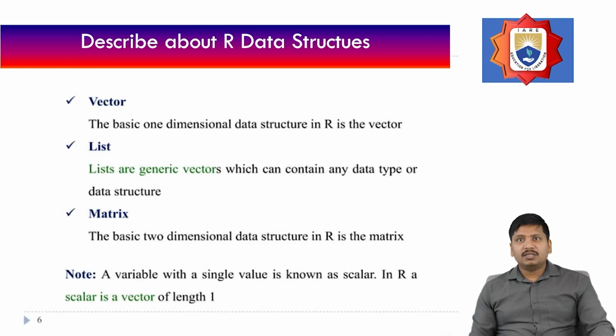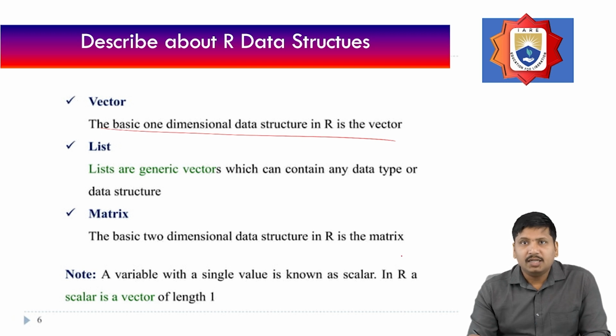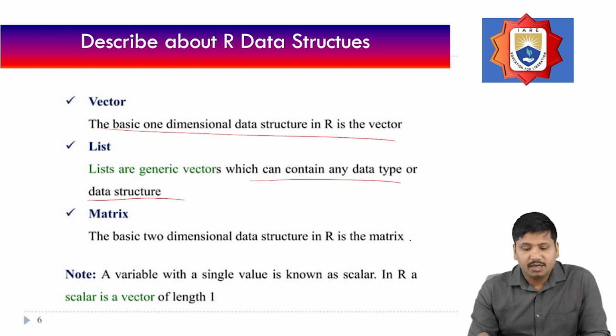Then describe the various R data structures. The first thing is the vector. A vector is the basic one-dimensional data structure in R. A list is a generic vector which can contain any type of data and data structure.